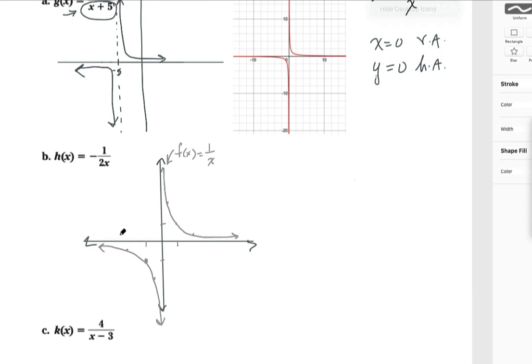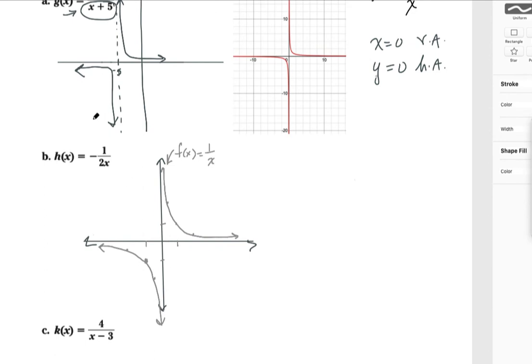So what we have here is like a zoomed in look at the f of x is equal to 1 over x function. We can see when x is 1, f of x will be 1. When x is 1/2, y is going to be the reciprocal of that, 2. And when x is 2, y is 1/2. So we have that, and we have the other occurrence in the third quadrant.